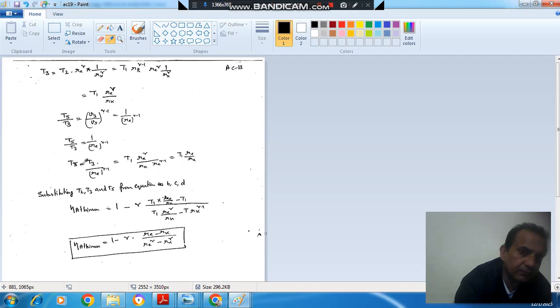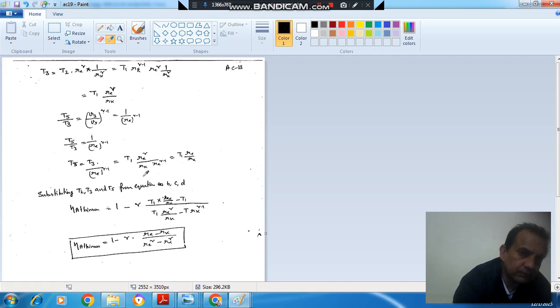So T5 will be T1 re raised to gamma divided by rk, divided by re raised to gamma minus 1. This is the value of T3, so T5 will be T1 re by rk.